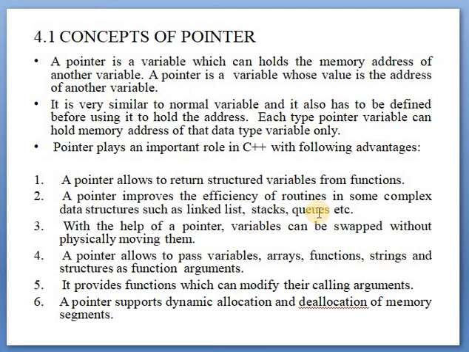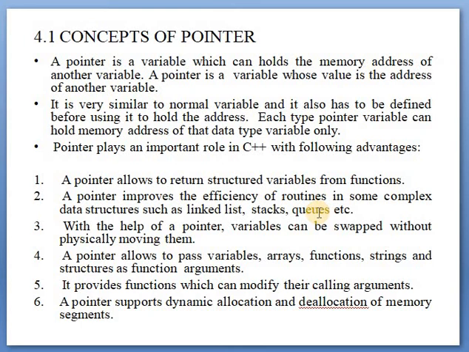Why? Because it directly calls by reference type of variable. Means what? If you want to change the data of the variable, we directly use the address of that variable.